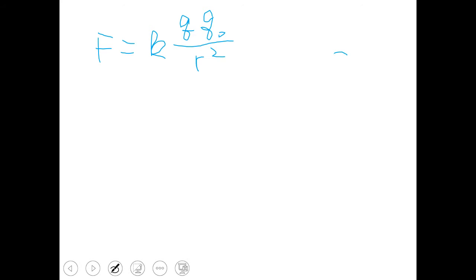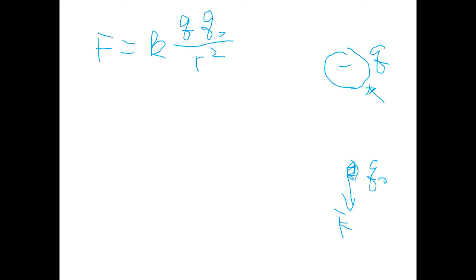Suppose this charge is Q, and we have a test charge here, Q0, and the E field at the point here should be the force, maybe pointing downward or upward, depending on the sign of this charge. If it is a positive charge, it will point downward.